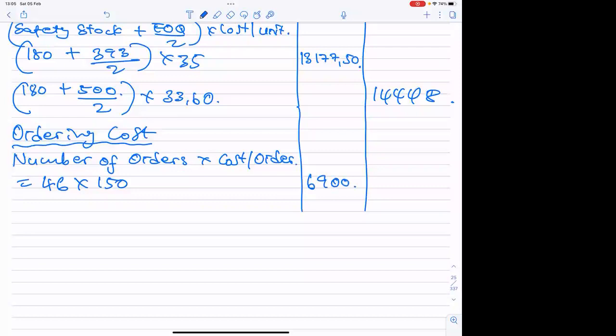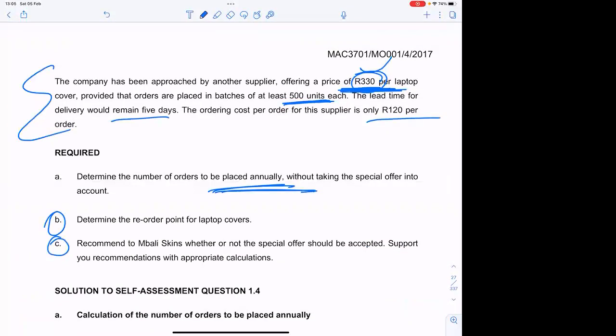Right, under the special, remember, our number of orders will be how many now? Our annual demand is 18,000. Now they are ordering 500 units. So it will be 18,000 divided by 500, which gives us 36 orders. So it will be 36 multiplied by, did the ordering cost change?